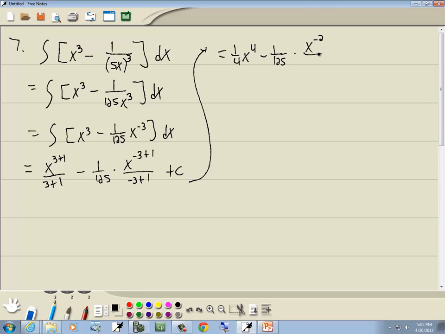So we got x to negative 2 over negative 2 plus c. So we've got 1/4 x to the fourth. Negative times a negative is positive, and 125 times 2 gives us 250, and we'll take the x to negative 2 back down to the denominator, becomes x to positive 2, and we've got a 1 there, plus c. And that's our answer.